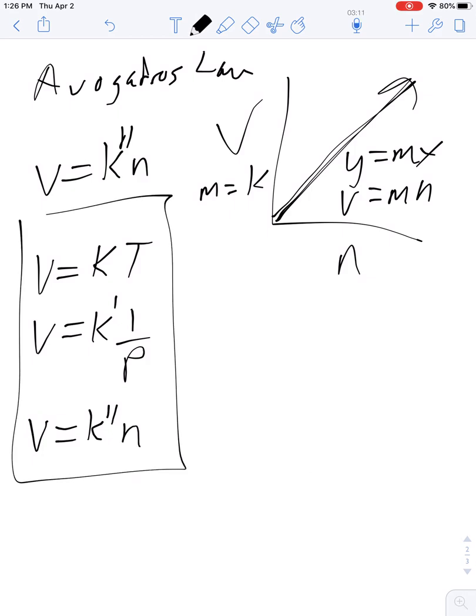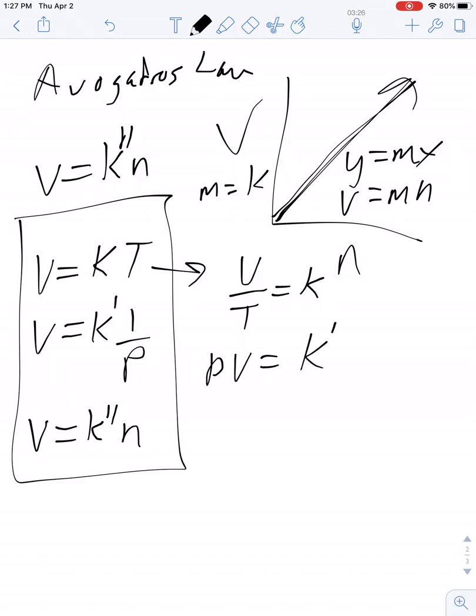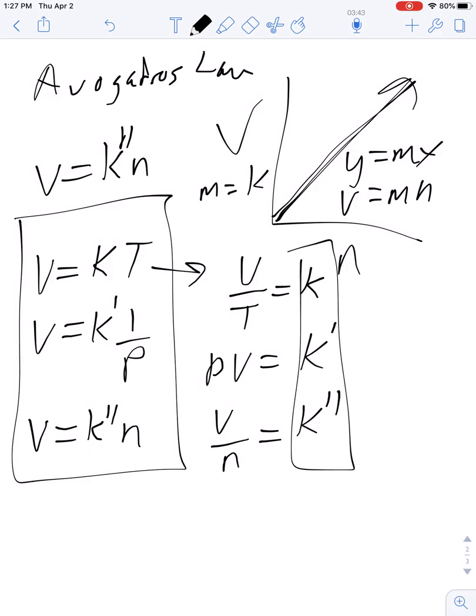So what I'm going to do is take these three equations and combine them, okay? I'm going to convert this one into this, I'm going to convert this one into this, and I'm going to convert this one into this. All right? So I have three constants. What happens if you multiply three constants together? You get another constant. So then, combining these three equations, I get this.